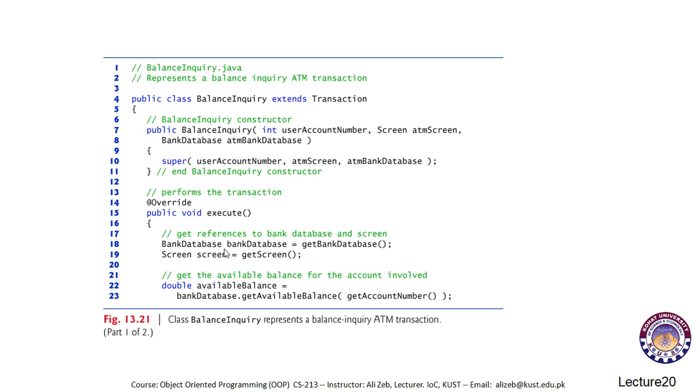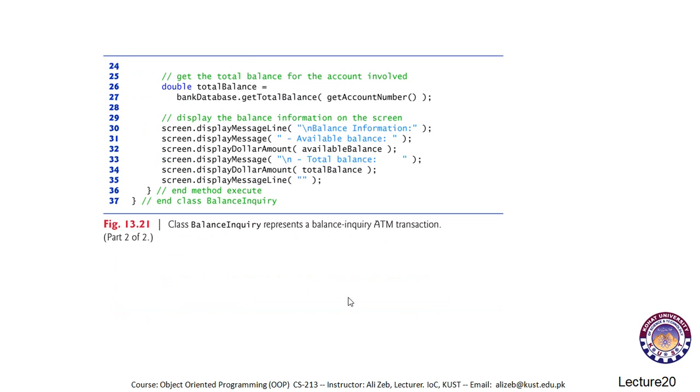So the execute method initializes an object of the bank database, and it has an object of the screen class through the public methods of the Transaction class. You can see these methods have been declared in the superclass, and it returns the available balance to the user, and that is what this class is supposed to do.